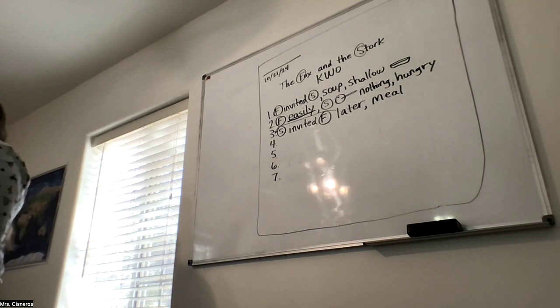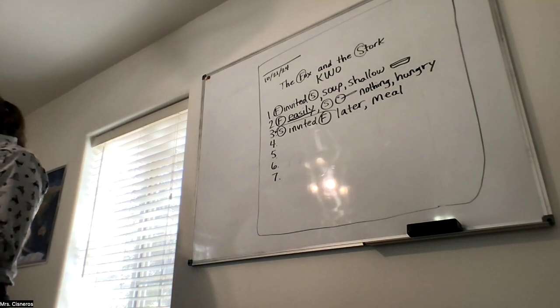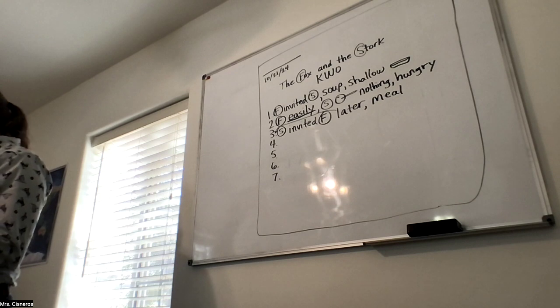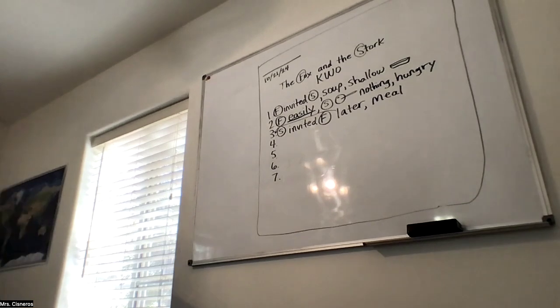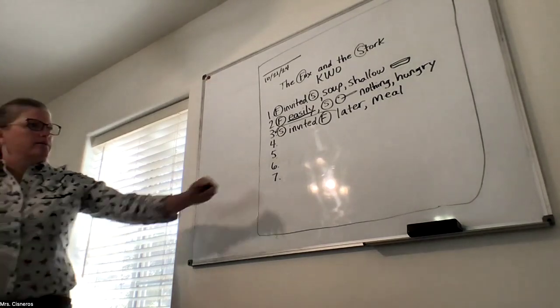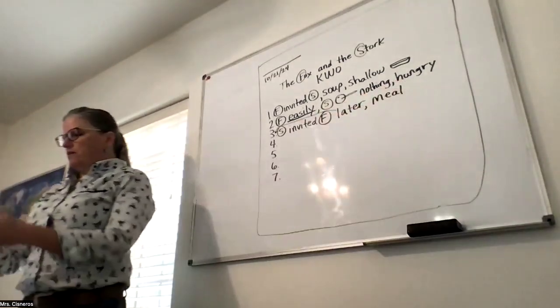What happened here? Are you going to be able to read that? It's kind of hard to read. Oh, you forgot the word hungry. So put a comma after nothing and write the word hungry right here.